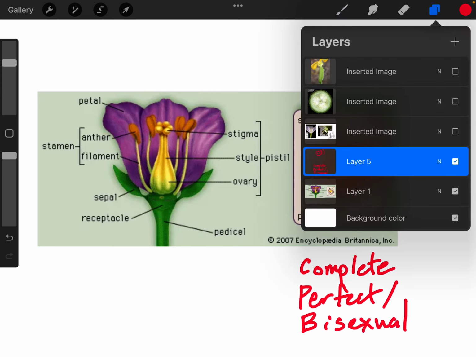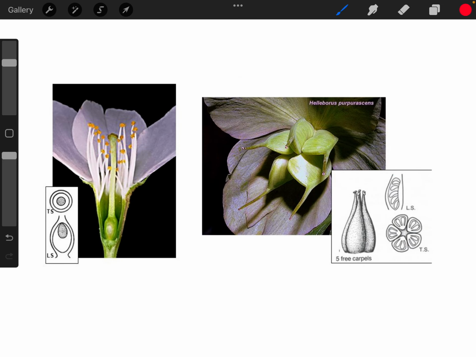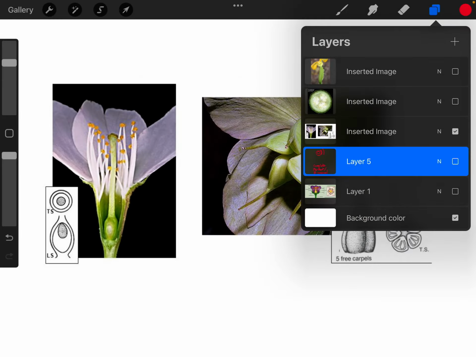And so let's look at another example. Let's take this flower on the left. It can be hard when you're looking at a flower you've never seen before. So again, I always think it's nice to count down those whorls. So on the outside, we have just teeny tiny little sepals.